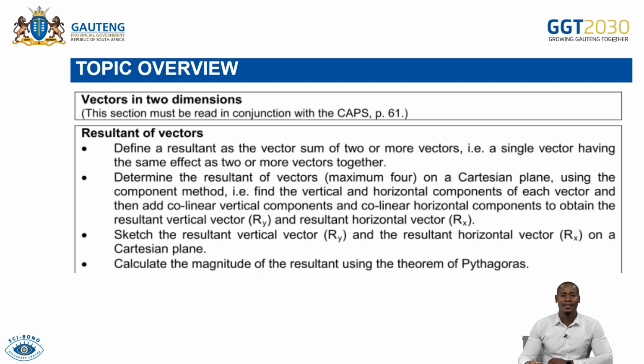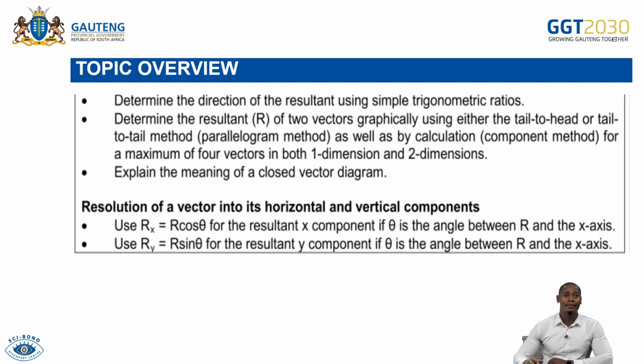Ry stands for resultant vertical vector, and then the resultant horizontal vector, which is the Rx, which stands for the resultant horizontal vector. Then calculate the magnitude of the resultant using the theorem of Pythagoras. Determine the direction of the resultant using simple trigonometric ratios.